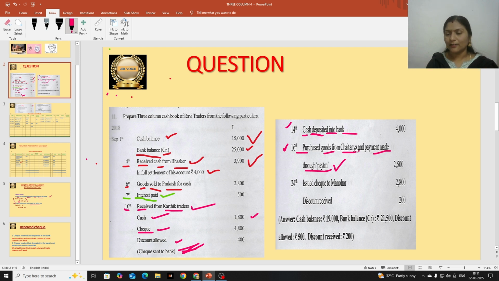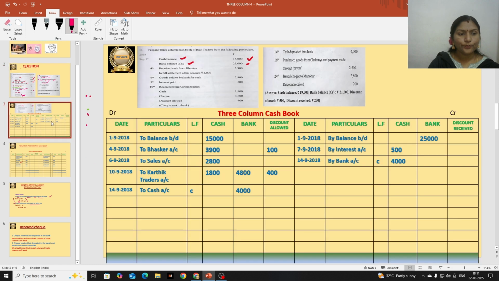Okay, it's fine. We decided where to put the amount, but which side do we have to write? Purchased goods from Chaitanya and payment made. Payments, which side do we record? Credit side. Okay, so we will record on credit side. But what are we going to write? What happened here? Purchased goods, no? So purchases account we will mention. So let us write "By purchases account", and the amount in which column?